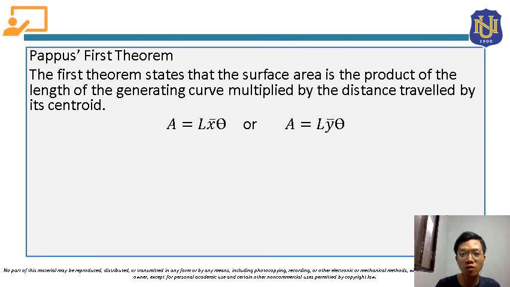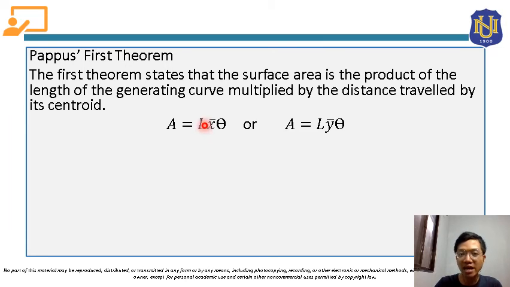The formula for this will be A = L x̄ θ, or A = L ȳ θ, wherein A here will be the generated surface area. The capital letter L here will be the total length of the composite curve or line.